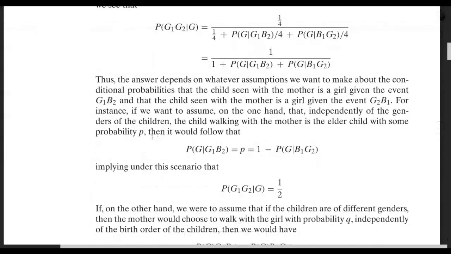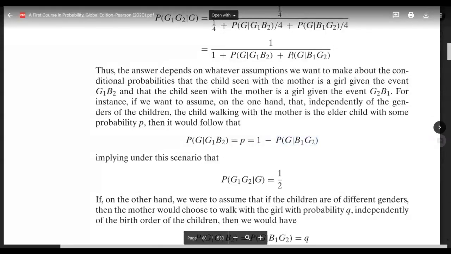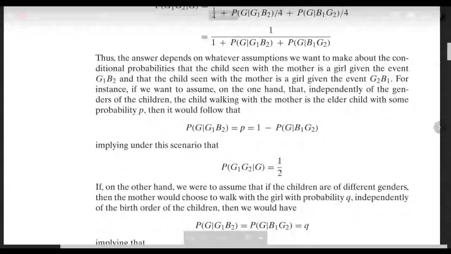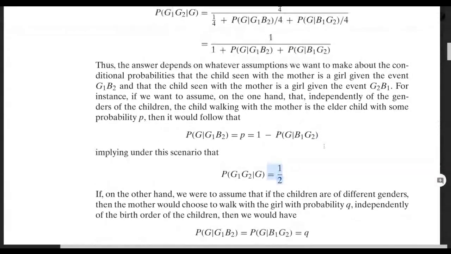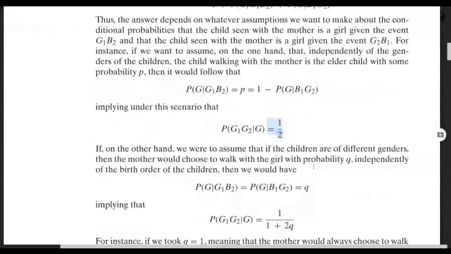With some probability P, then we can simplify the above one, so the probability for this one would be P, right? There will be 1 minus this, the first one is a boy, second one is a girl, which is this one. Then in that case, we will get a half, right? Because we put it in, we have 1 plus 1, that's 1/2.